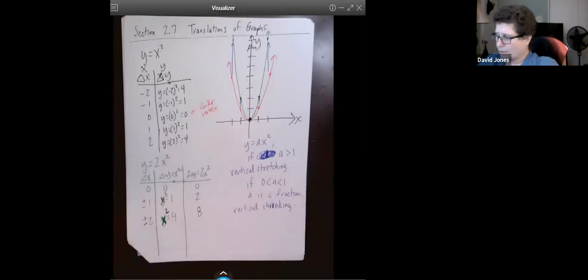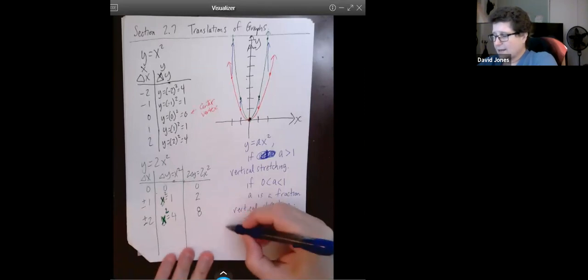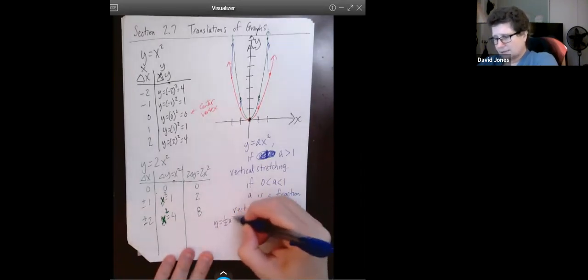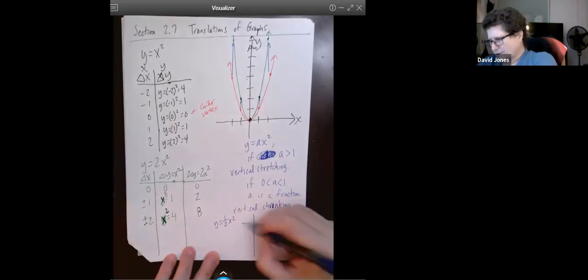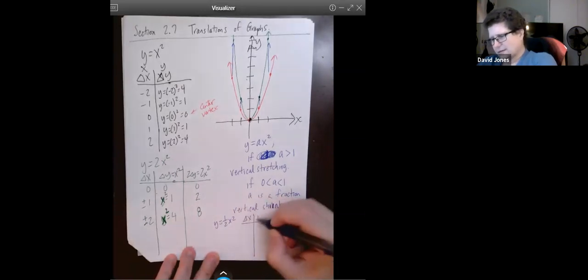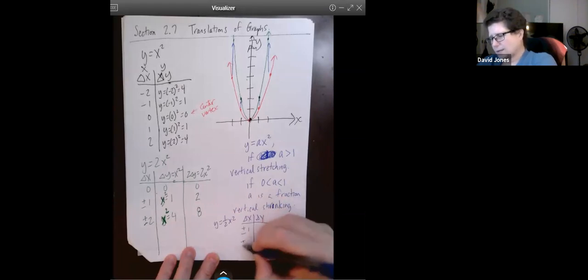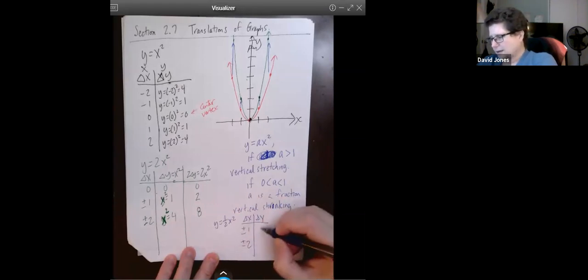And I can illustrate it here real quick. Let's take a look at that. Let's say we had y equals 1/2 x squared. My zeros haven't changed. But plus or minus 1 and plus or minus 2. When I do it, this is 1/2 times plus or minus 1 squared is 1/2.